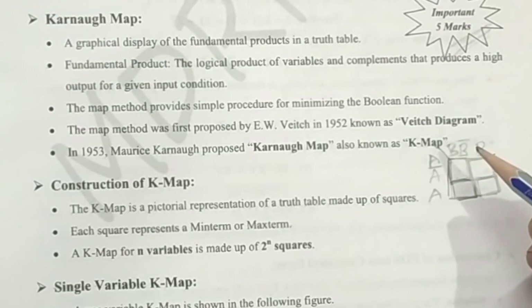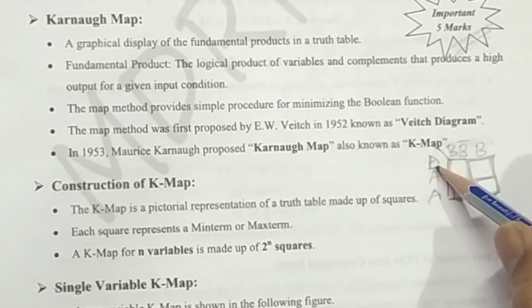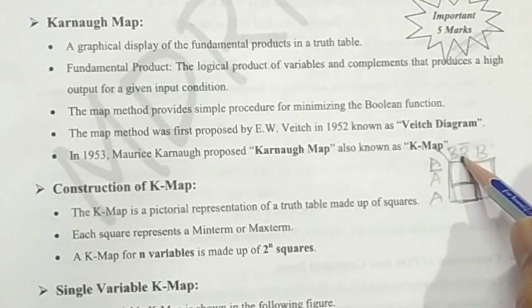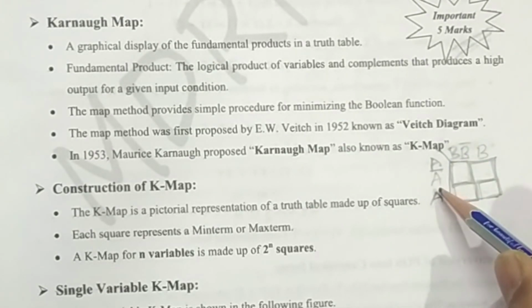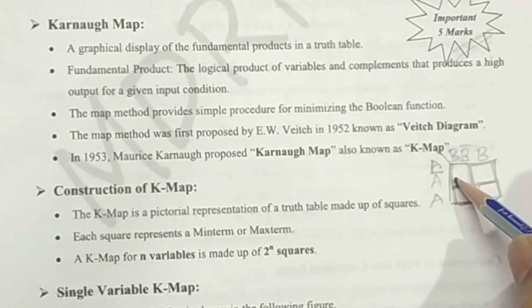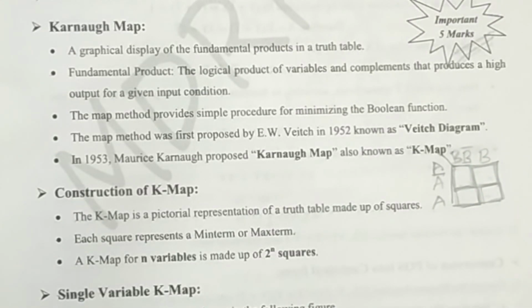So it is called a graphical display of fundamental products. Fundamental product means, if you are taking two variables A and B, it may be A into B, or A bar into B bar. Those things we call a fundamental product.